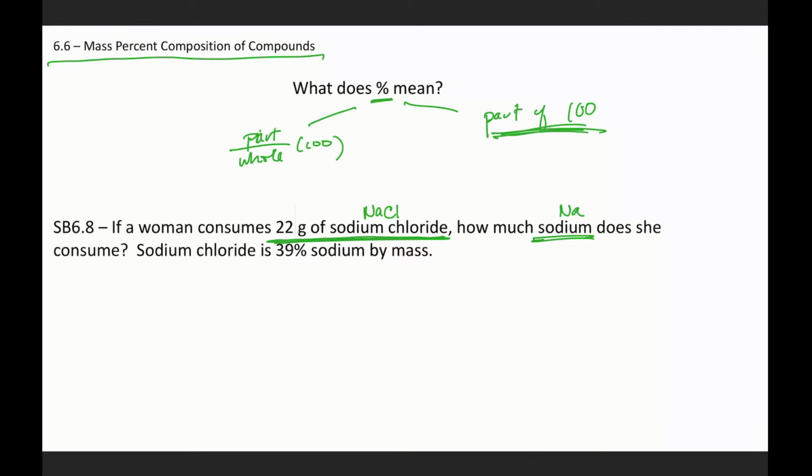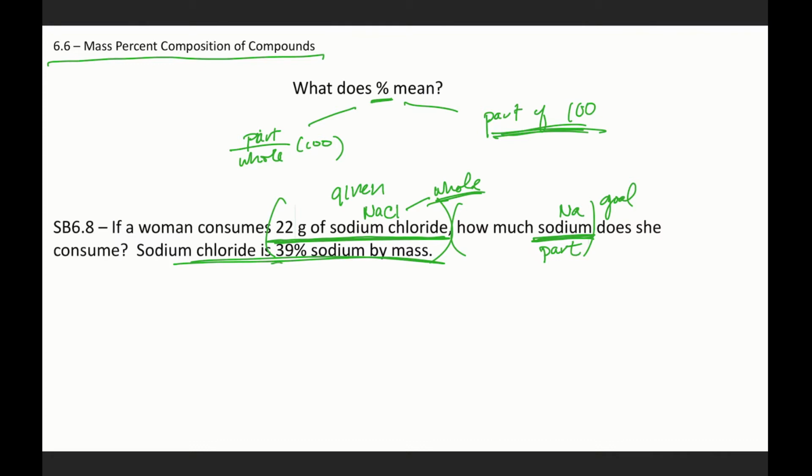This is our goal, and this is our given. We'll note that sodium is a part of this whole, which means that percents come into play. And the problem tells you that sodium chloride is 39% sodium by mass.